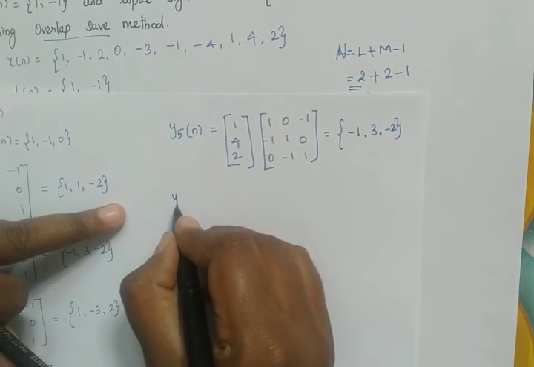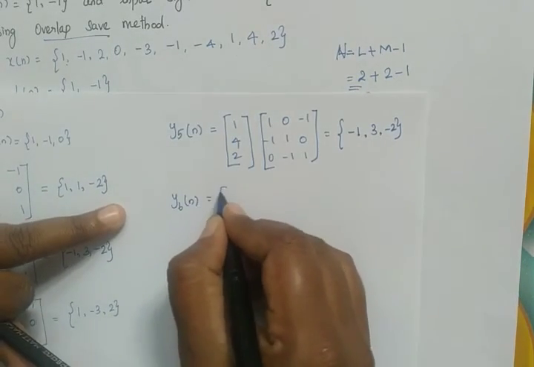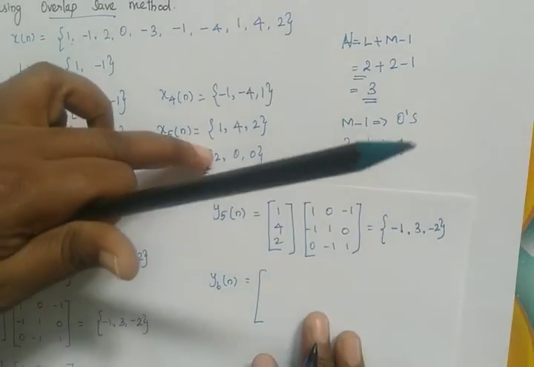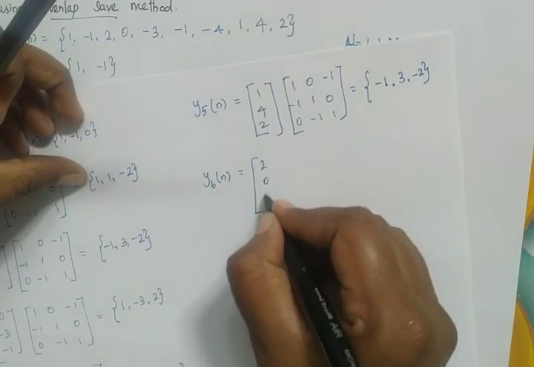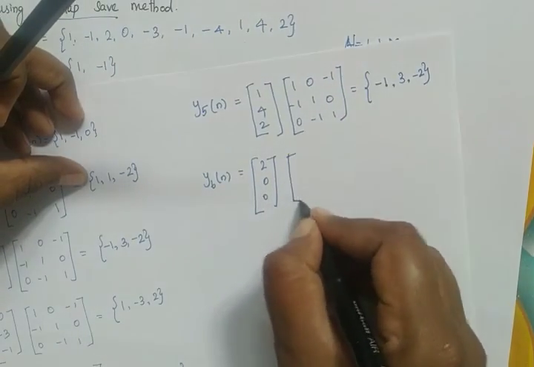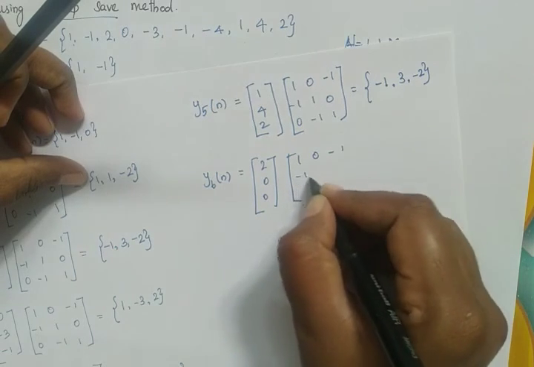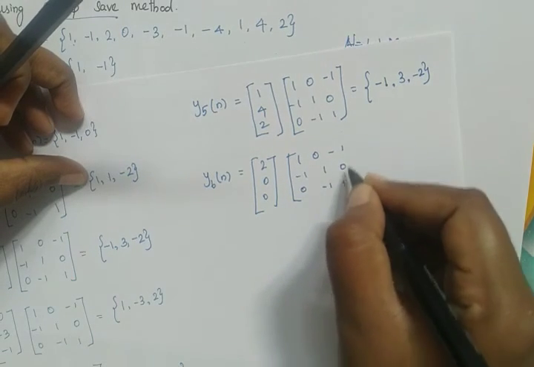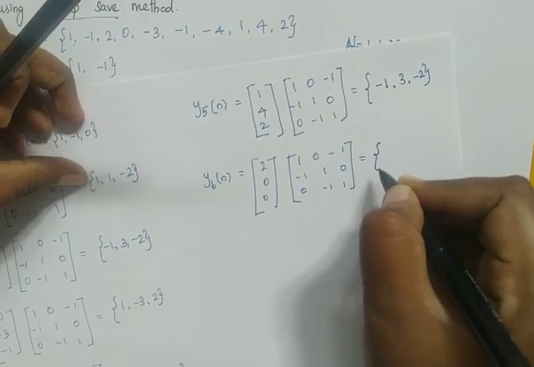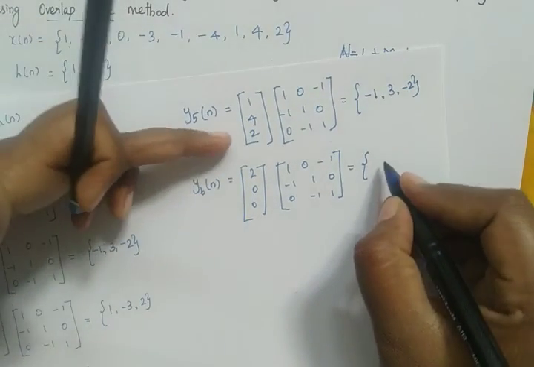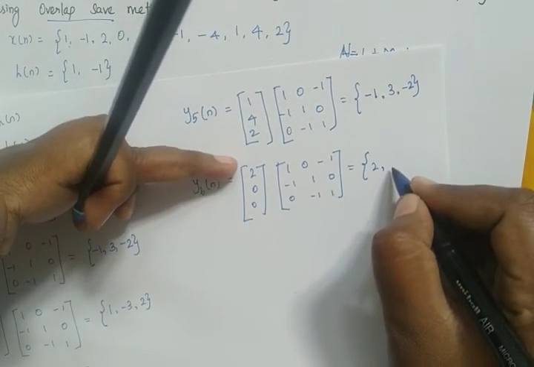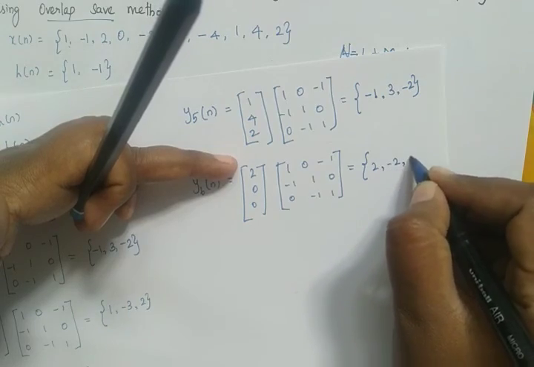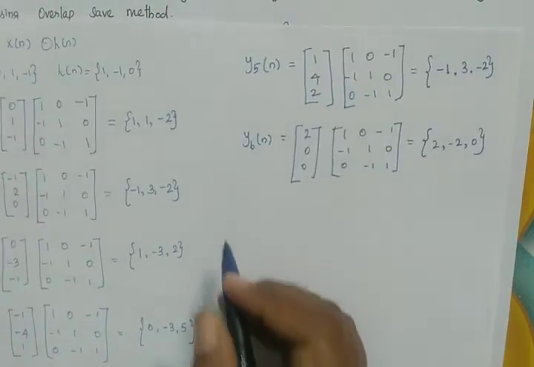Now what is y6 of n? y6 of n is equal to 2, 0, 0, multiplied by the same matrix. Now perform matrix multiplication. So here we have 2, comma, minus 2, comma, 0. That's it.